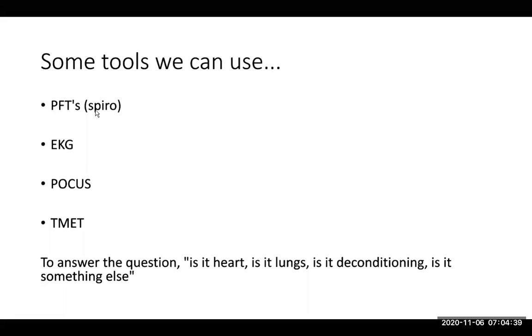But oftentimes when we order PFTs, we do get the full amount of data. So PFTs, EKG, point of care ultrasound, treadmill exercise test. These are all nice tools we have at our disposal, in addition to the history and physical, to answer this burning question. How often does this come up? Multiple times a day. Is this heart? Is it lungs? Is it deconditioning? Or is it something else?